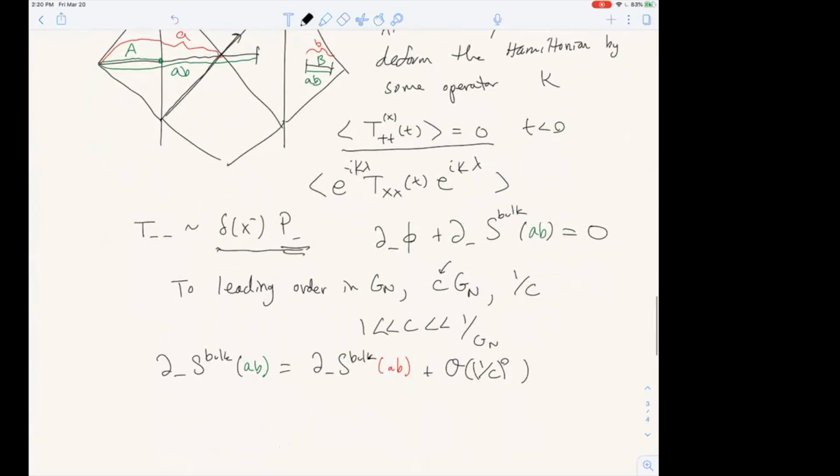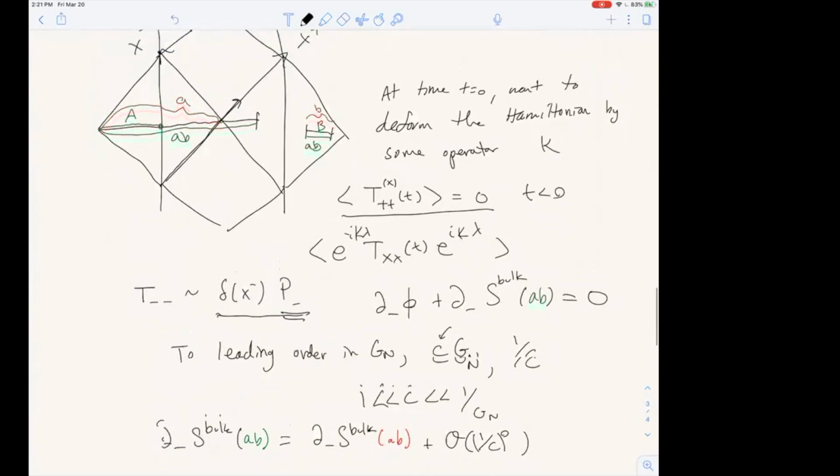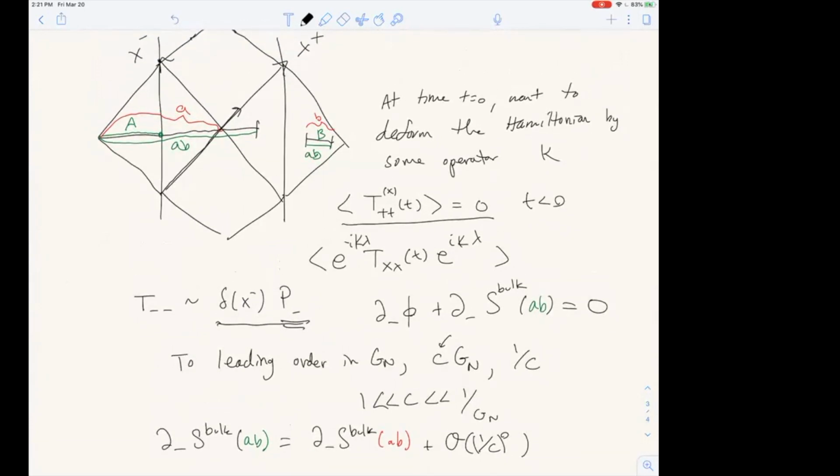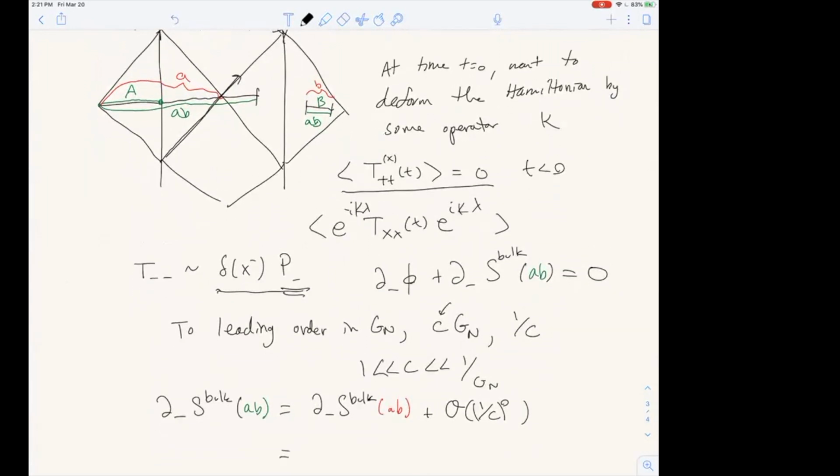And then I can use the fact that there's a symmetry to this state. There's a symmetry that this horizon has, which allows you to rewrite this as partial S bulk of A plus S bulk of B. Sorry, I'm going to put minus signs here.